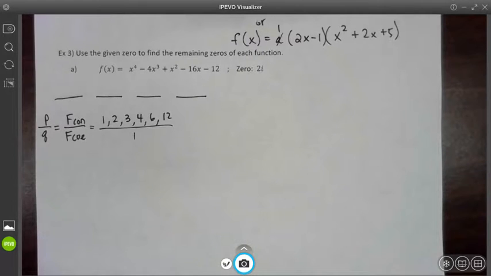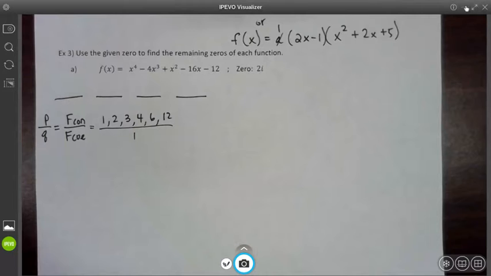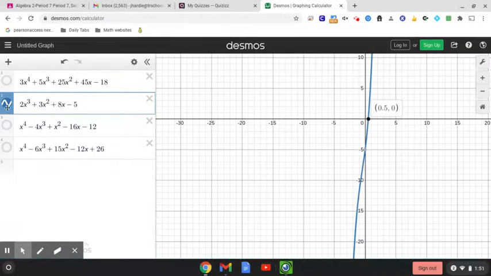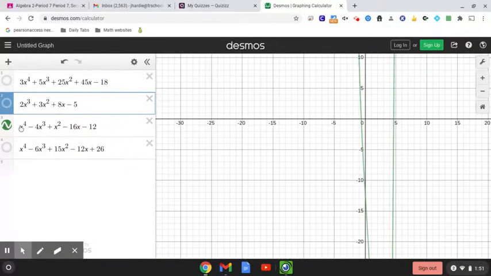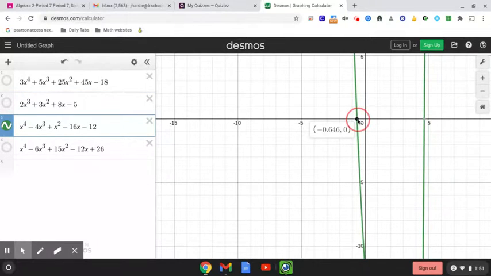Now, if I looked at the graph to see which one I'd want to try first to start breaking this degree 4 polynomial down, let me zoom in a little bit. It looks like it's crossing at decimals. This one is negative 0.646, and this one is 4.646.